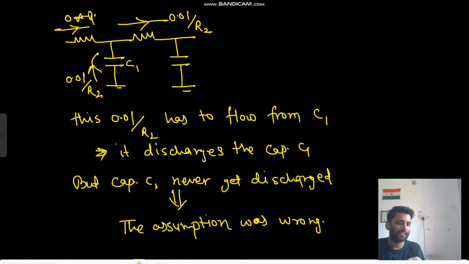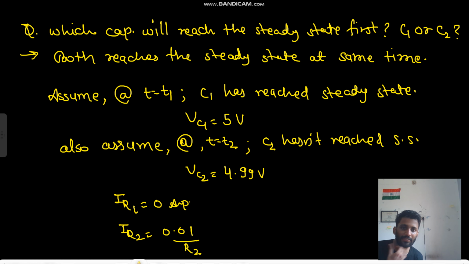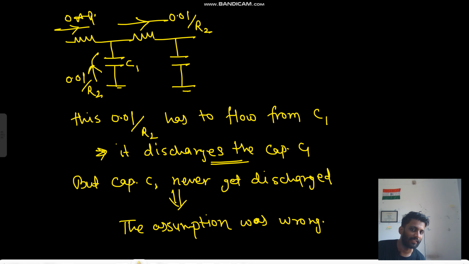It will always charge. So we assumed that C1 has reached the steady state first, and then C2. There is one more point: if you are saying that C1 has already reached the steady state, and after that you are saying that C1 is getting discharged, that means C1 hasn't reached the steady state, right?